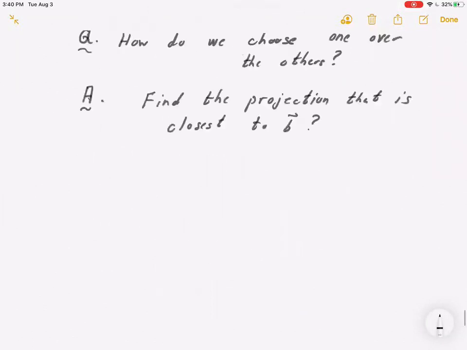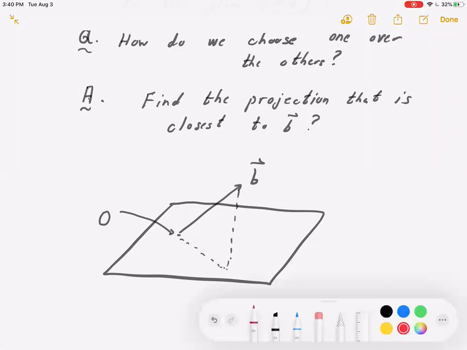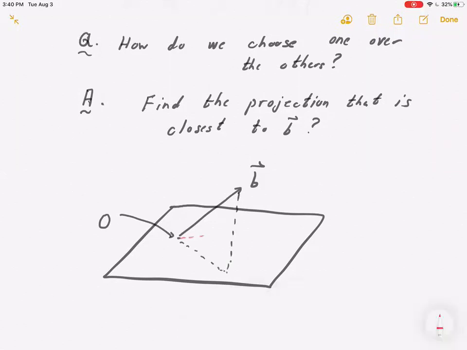So again, let's go back and write our diagram. Here's the origin. Here's my vector B. I can imagine lots of projections onto the plane. There's one.